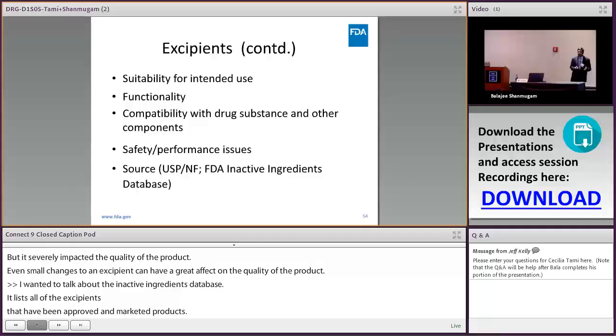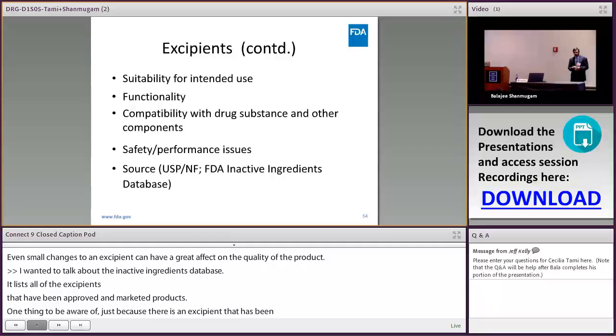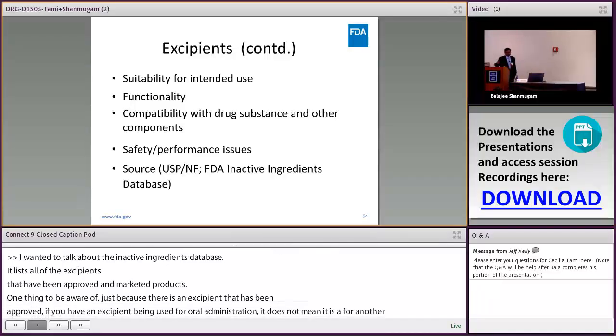If an excipient has been used for oral administration, it doesn't mean that it is safe for use in an ophthalmic route of administration. If that's the only excipient that you would be able to use, then talk to the agency and see what kind of data you need to support the new route of administration.